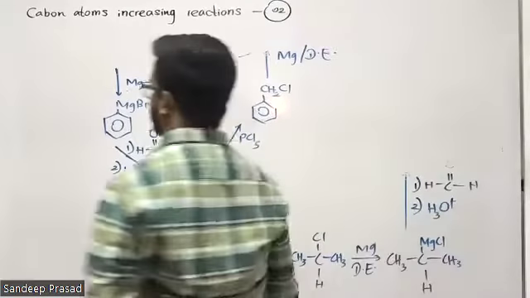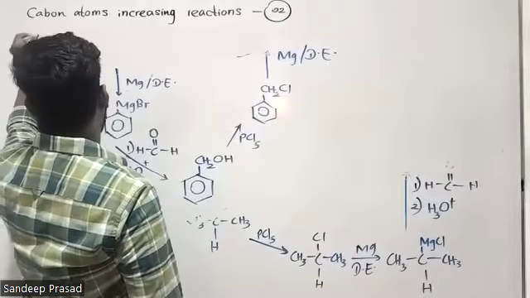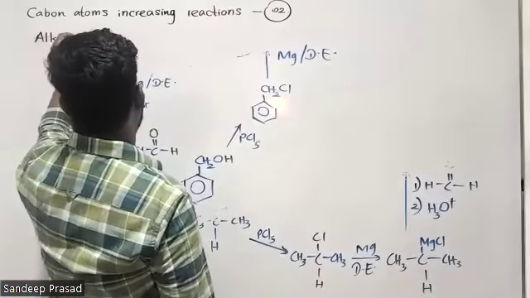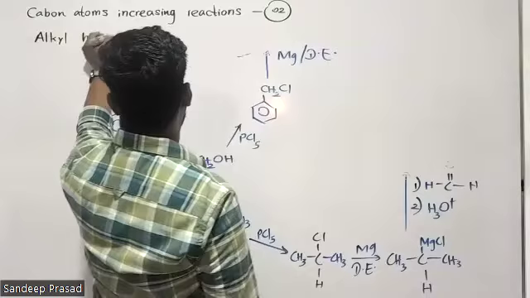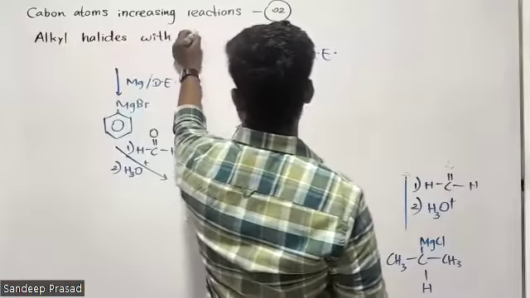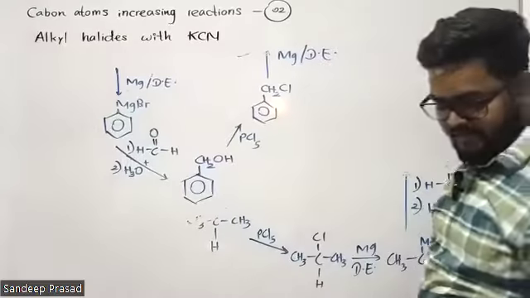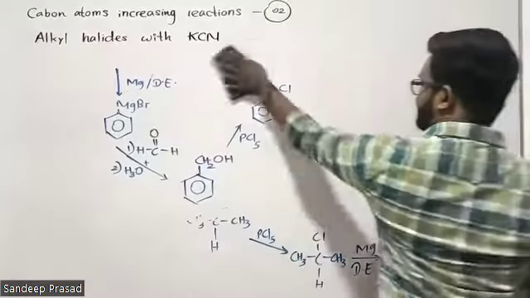Right. Alkyl halides with potassium cyanide, KCN. Alkyl halides with potassium cyanide.